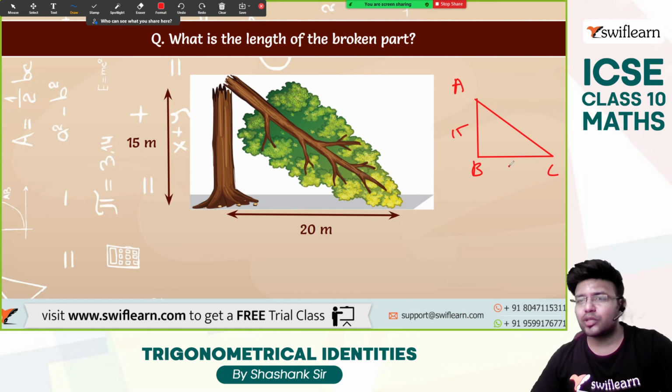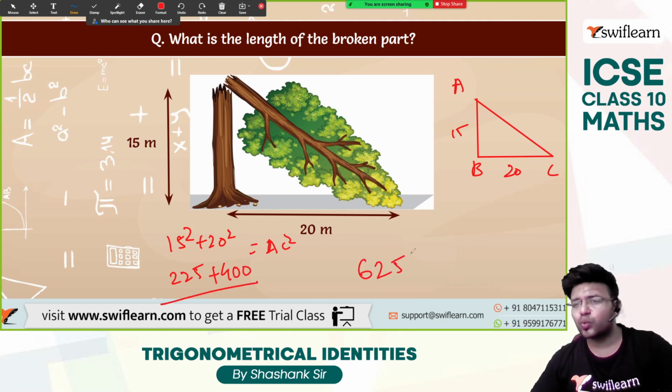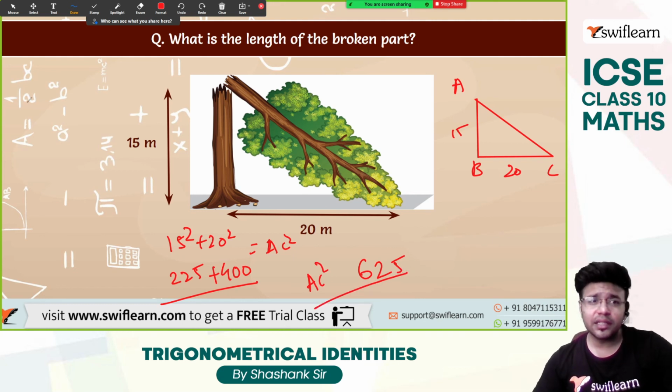AB square plus BC square is equal to AC square. So 15 square plus 20 square is equal to AC square. 15 15s are 225, 20 20s are 400. Add them, we get 625. AC square is 625. AC is 25.